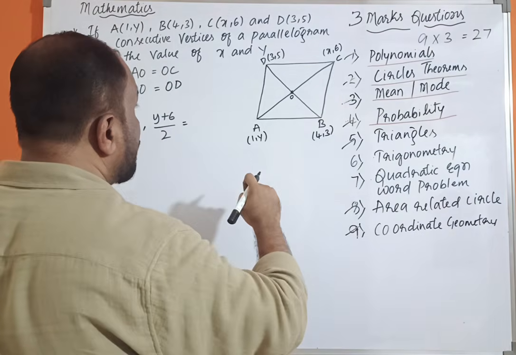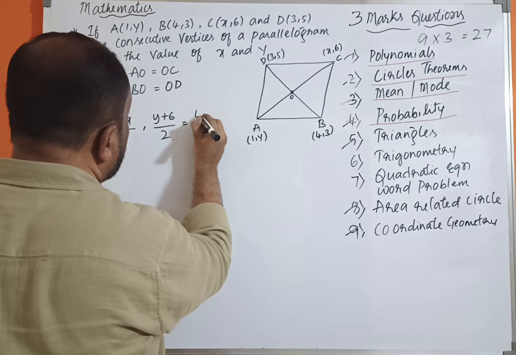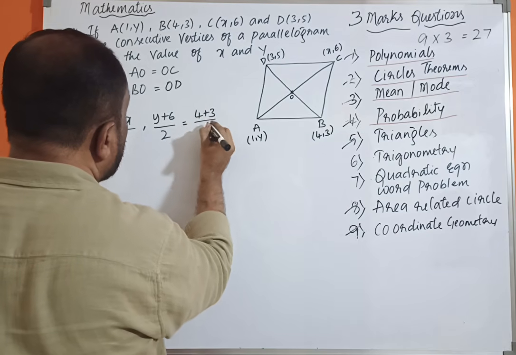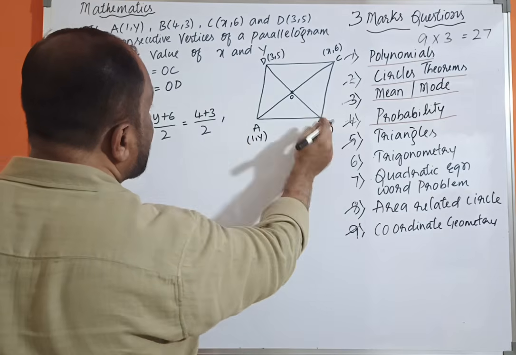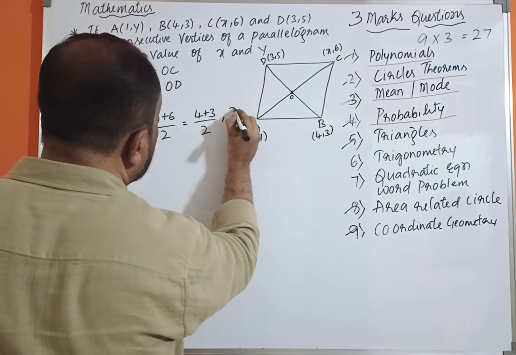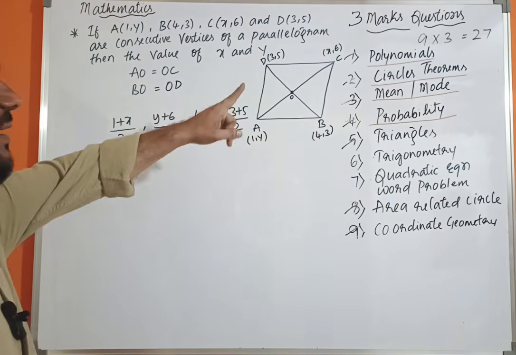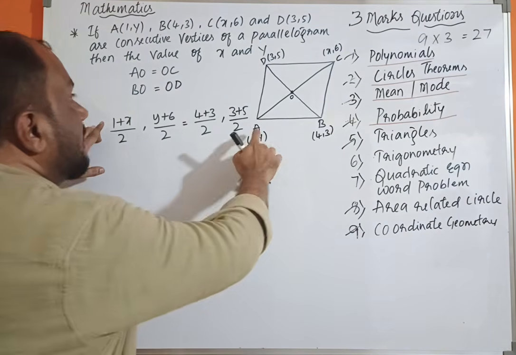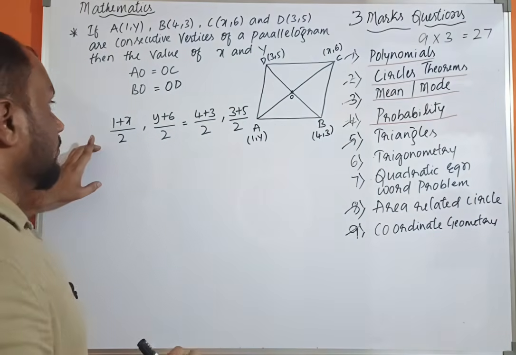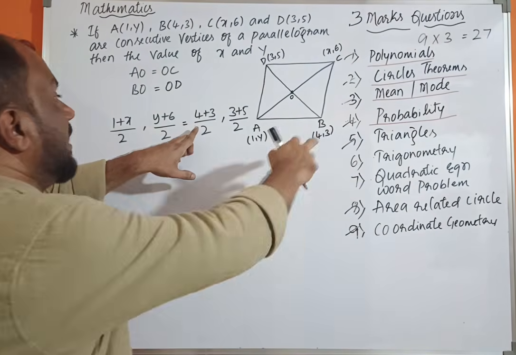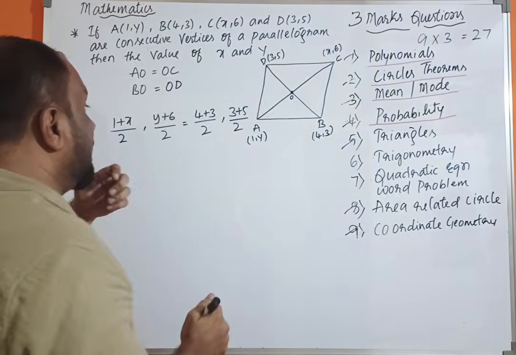And this is equal to 4 plus 3 divided by 2, the x part, x1 plus x2 by 2. Then the y part is 3 plus 5 divided by 2. So from AC, 1 plus x by 2, y plus 6 by 2. Then from BD, 4 plus 3 by 2, 3 plus 5 by 2.